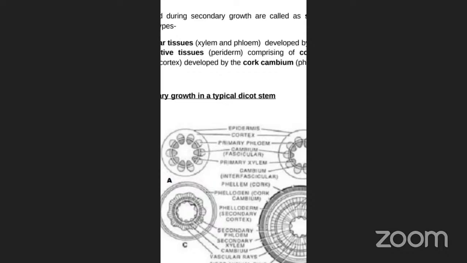Gradually these cells undergo many divisions. The secondary xylem is laid down towards the center and the secondary phloem towards the periphery of the stem.